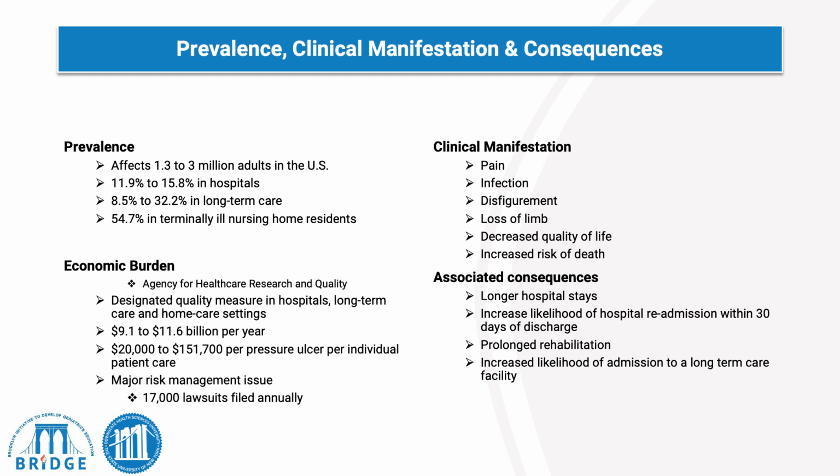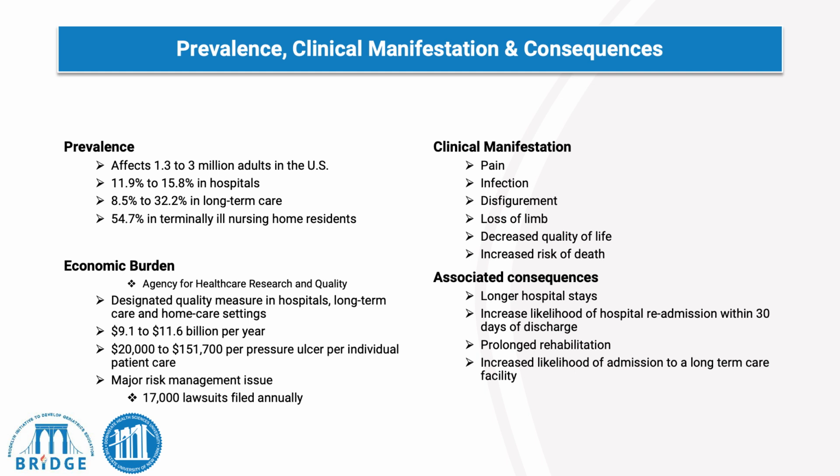That cost specifically ranges from $20,000 to $151,000 per pressure ulcer per individual patient per year. Pressure injury is a major risk management issue, and it accounts for as much as 17,000 lawsuits filed annually.